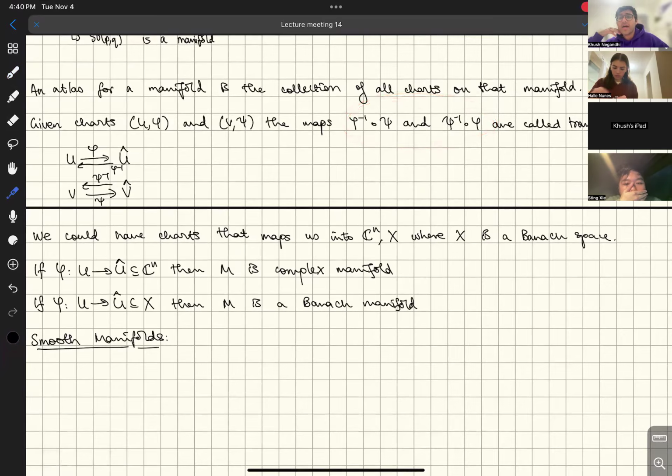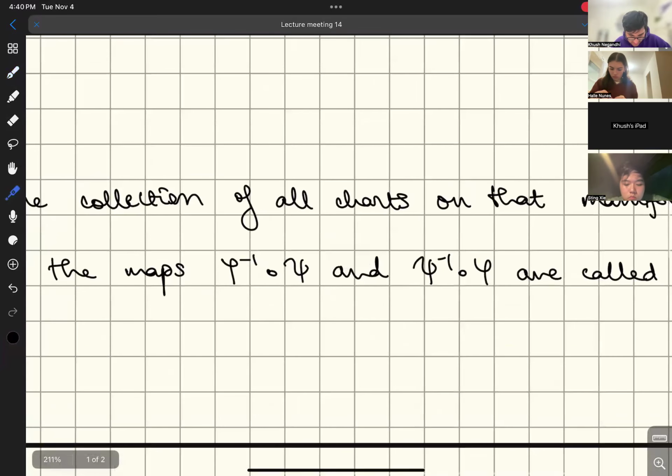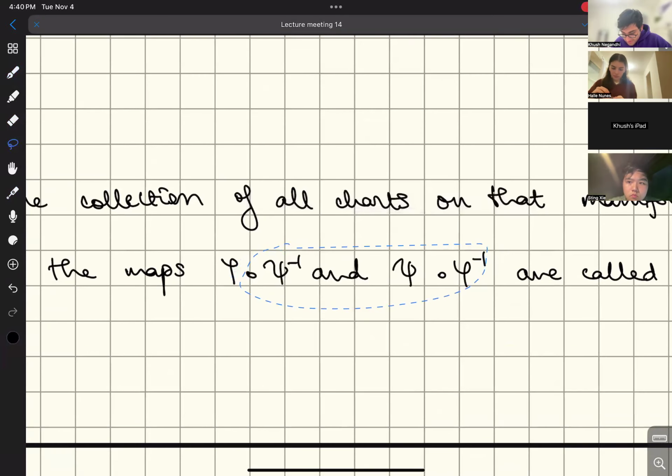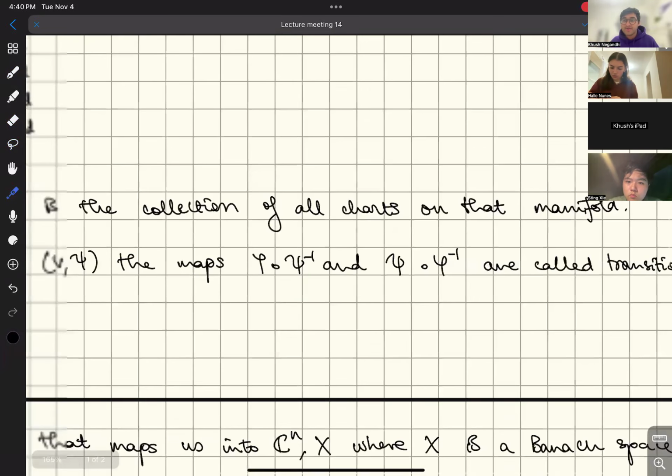okay? And then we're going to ask ourselves, what do we know about transition maps? I also realize I have the directions here incorrect. Sorry, my bad. The inverses happen on the first map, not the second. Sorry about that.